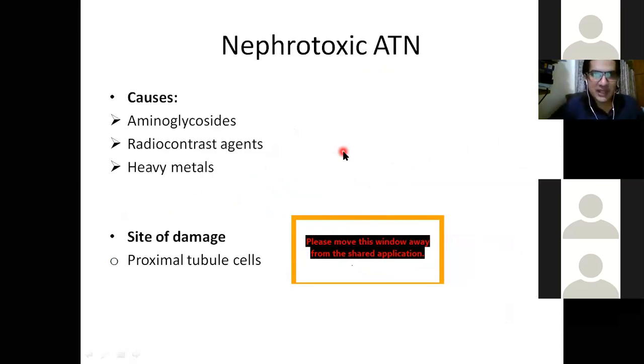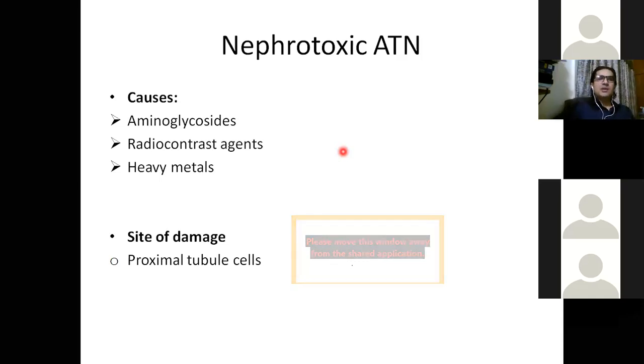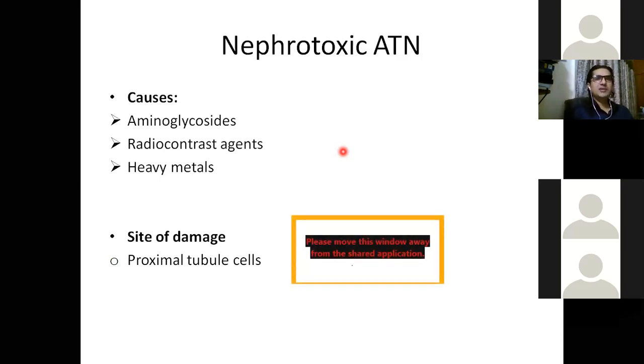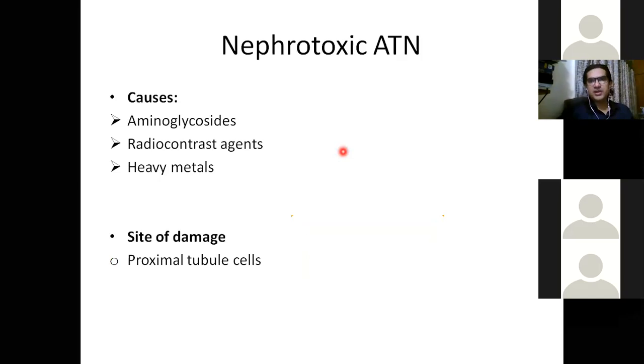Now the nephrotoxic type, I told you what is the mechanism. Now what are the major drugs, and what are the clinical scenarios in which that occurs? One of the major drugs is aminoglycosides, for example, gentamicin, and you know that they are given IV, and they are given to cover gram-negative organisms, and gram-negative organisms are one of the major organisms which cause hospital-acquired infections, right?